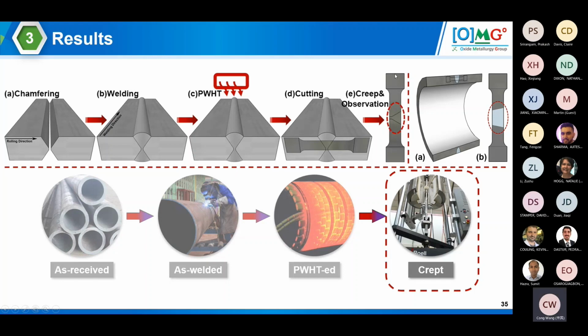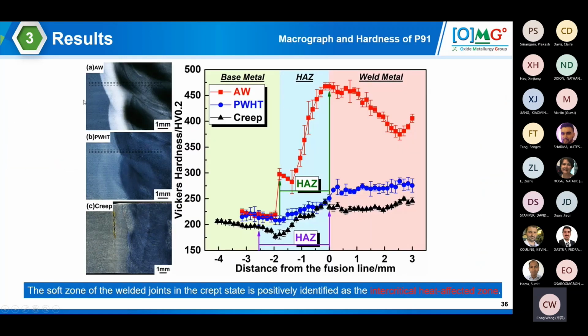And after having this, we are able to observe the microstructure in a prescribed region, also according to the requirement. On the left side, what you are seeing is the microstructure of the welded sample after post-welding heat treatment, and also the sample after creep testing.